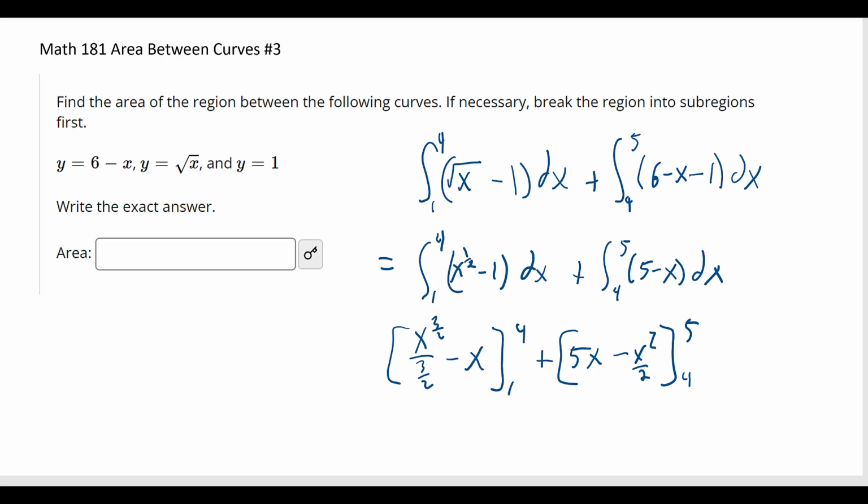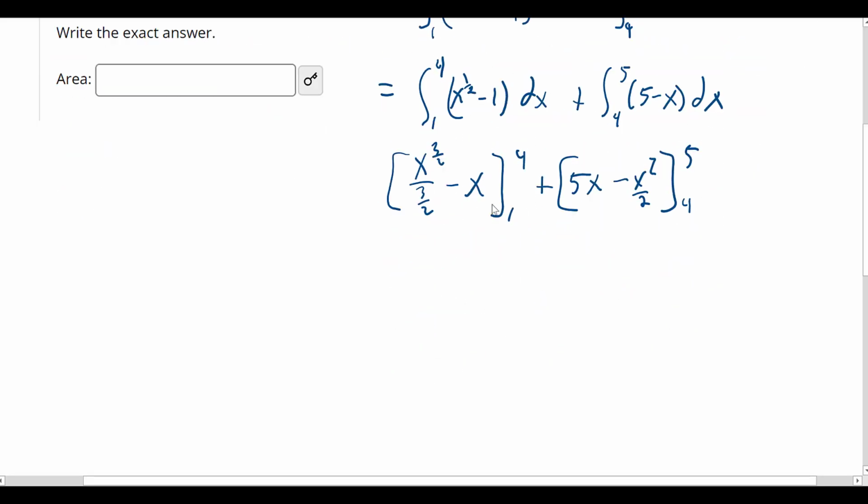Okay, so let's clean this up a little bit more.